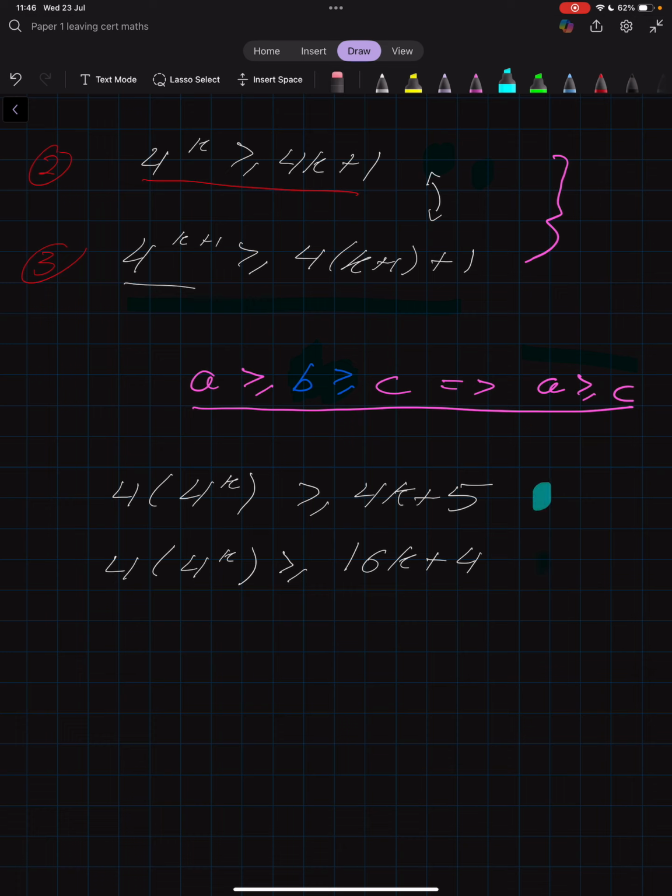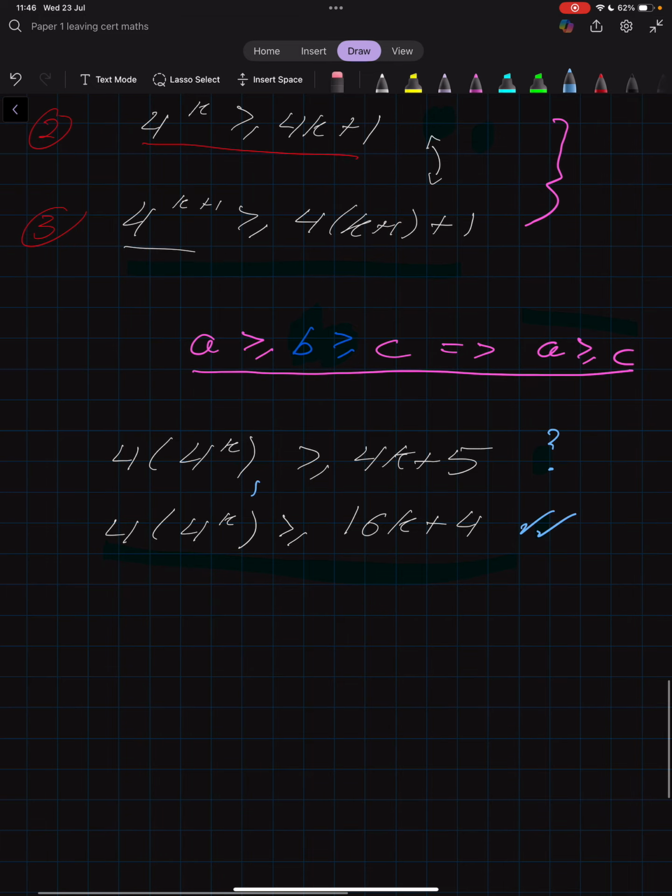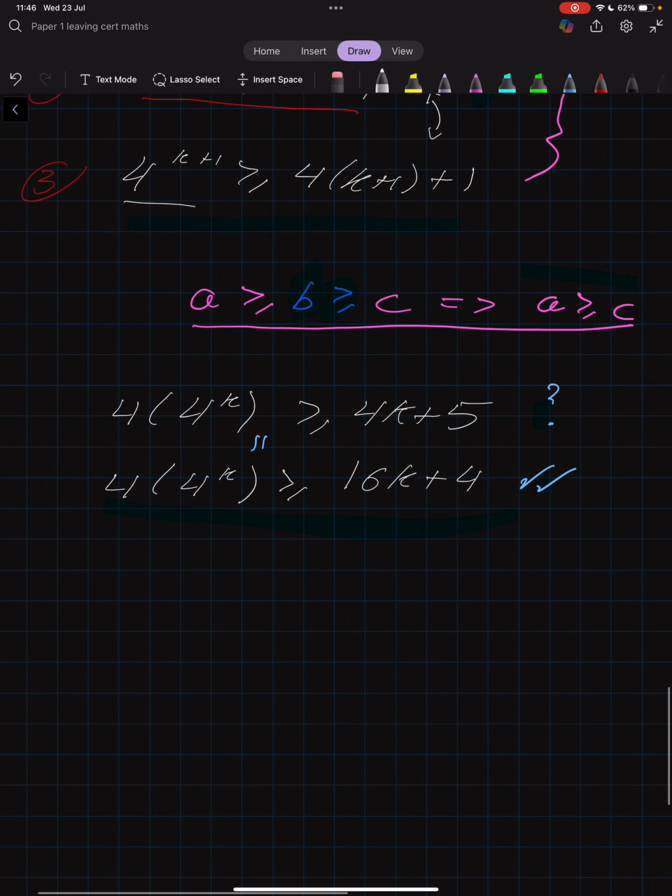This is what I want to show, and I'm assuming that this is true. I don't know if this is true, but I know that this one's true. So I can say these two things are equal. Great. So if I can show that 16k plus 4 is greater than or equal to 4k plus 5, then I can conclude that this is also true.